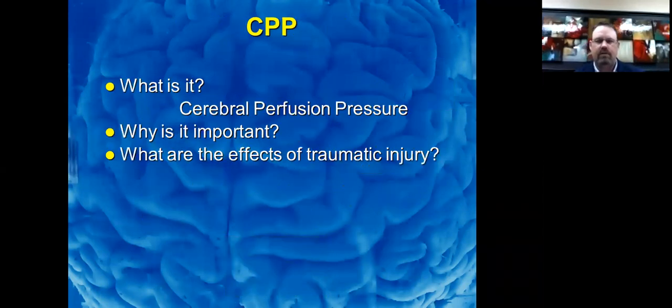Now, before we get to CPP, what changes in vital signs would you expect to see with increased intracranial pressure? There's a particular term, it's called Cushing's. It's decreased heart rate, decreased respiratory rate, and wide pulse pressure.